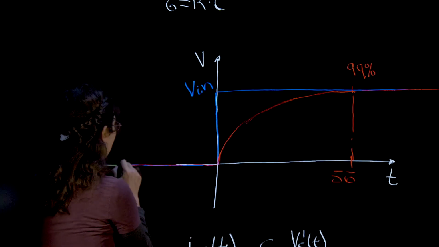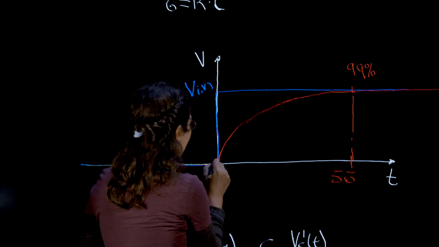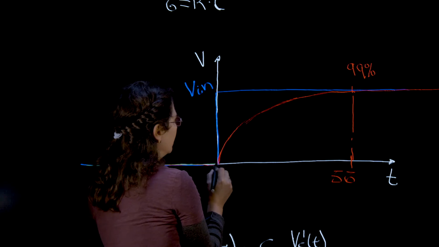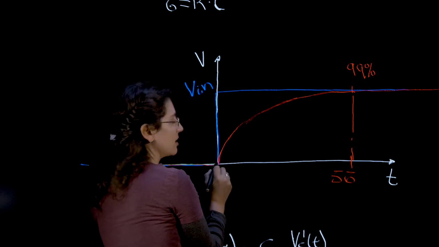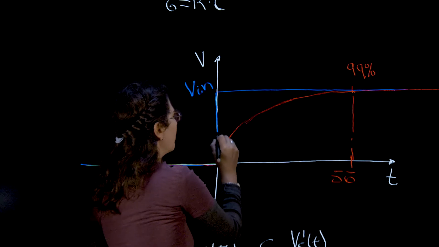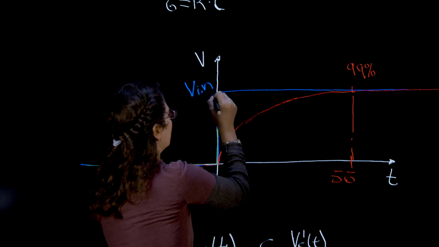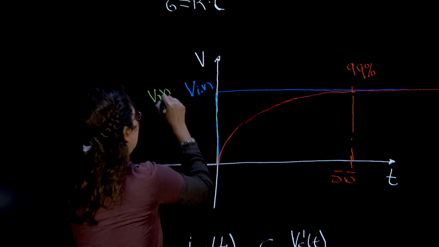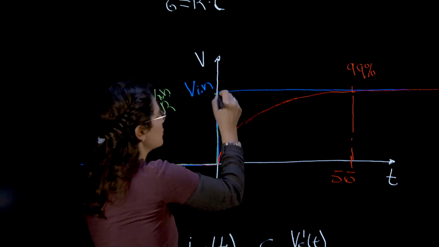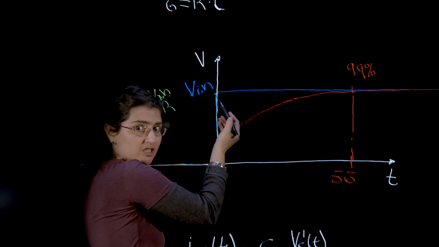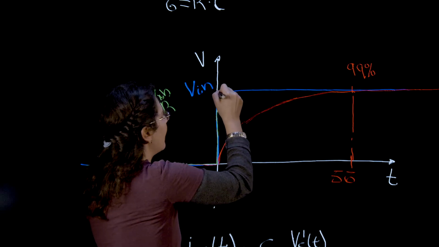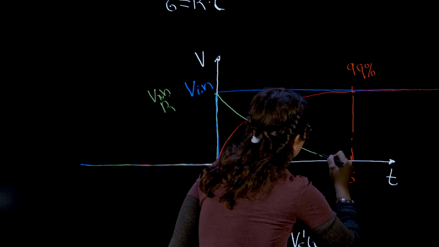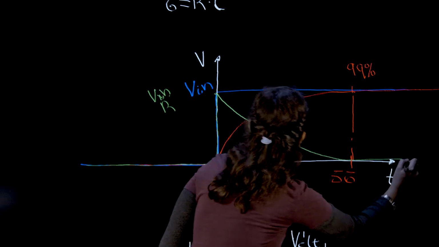And then suddenly, as soon as I switch on the voltage source, the current in my whole circuit goes up to V in over R, the maximum current that can flow, which is the input over the resistance, and then it will slowly go back down until it reaches 0.